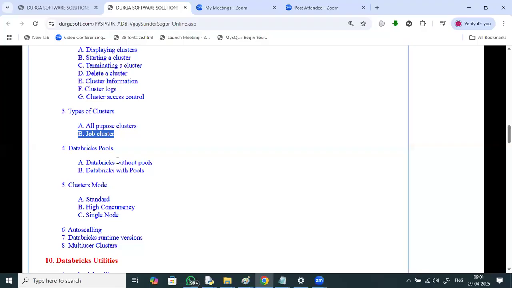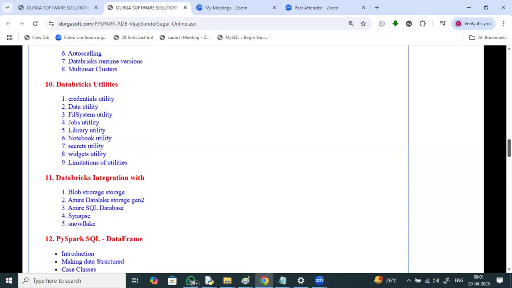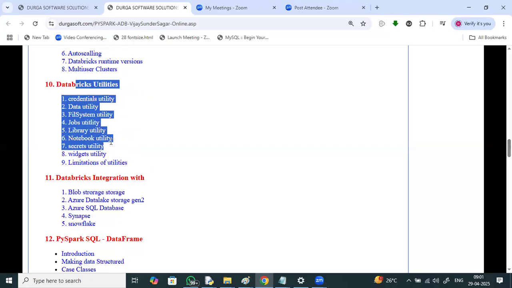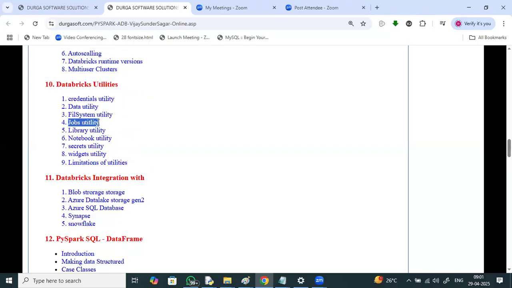Auto scaling feature, Databricks runtime versions. What is the version of Databricks? Multi-user clusters, single user cluster, credentials, Databricks utilities, notebook utilities, secrets, jobs, file system, data, widgets, integration with Azure data storage and Azure SQL.